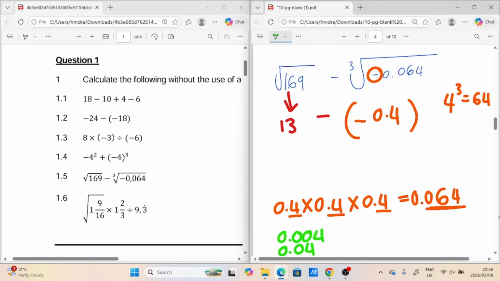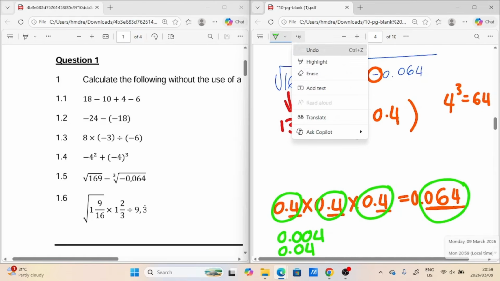The only tricky thing with this is you're just trying to play around so that you get the right number of decimal places. If I have 0.4, 0.4, 0.4, then it's 3 decimal places, which gives me the 3 decimal places when I multiply. Okay, so we can keep going then.